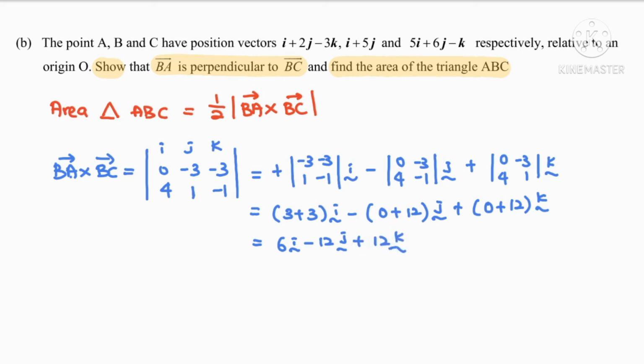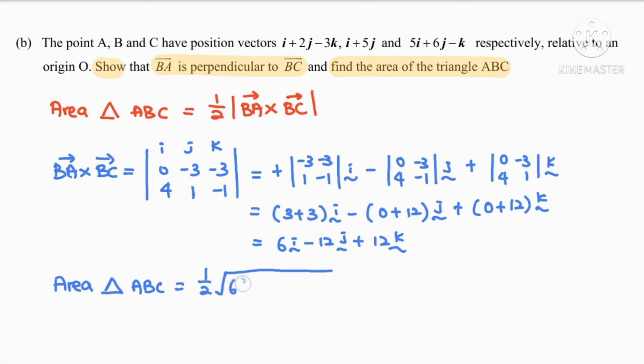Now, let us substitute into the formula to find the area of the triangle ABC. 1/2 times the magnitude of vector BA cross BC. So to find the magnitude, the formula is square root.